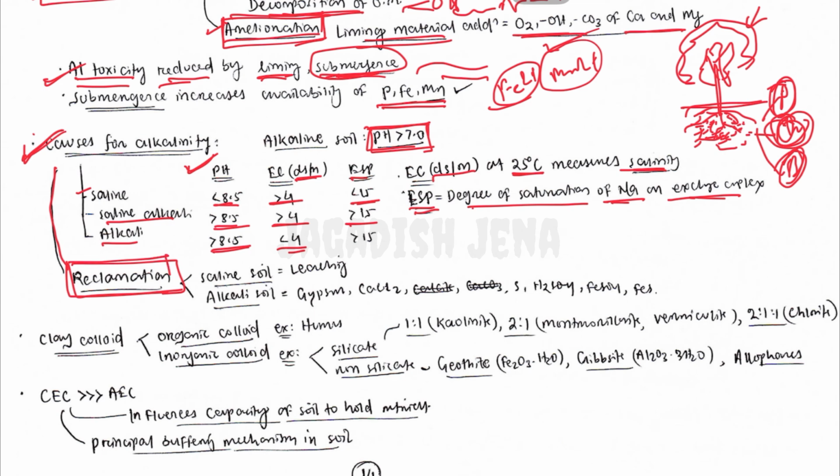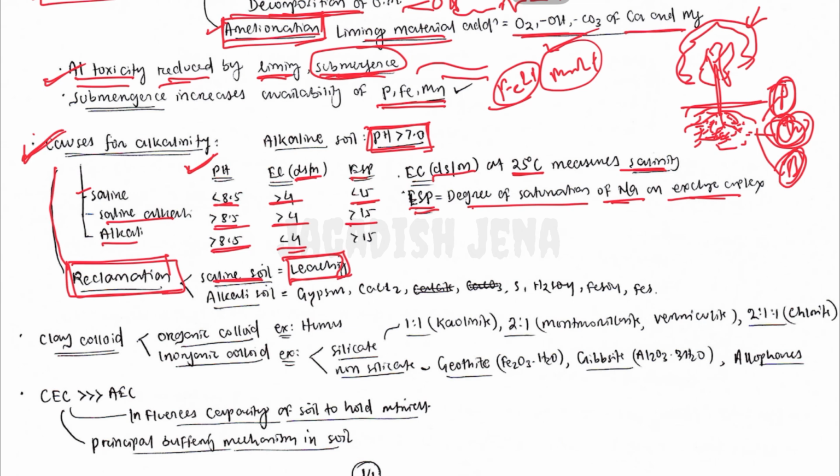We know alkaline soils are of two types: saline and alkali soil. Saline soils are reclaimed by leaching. Leaching means we put excess water in the soil, so that it leaches down the excess soluble salts. Why can leaching be beneficial in saline soil but not in alkaline soil? Because in leaching, only the soluble salts can go beyond the root zone.